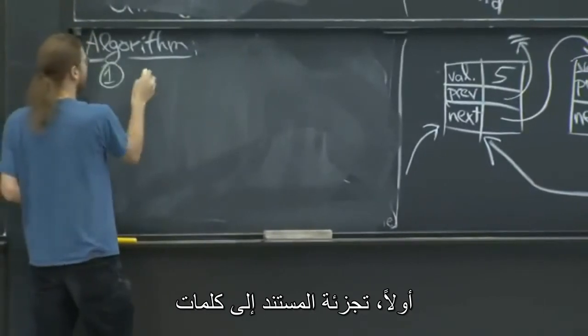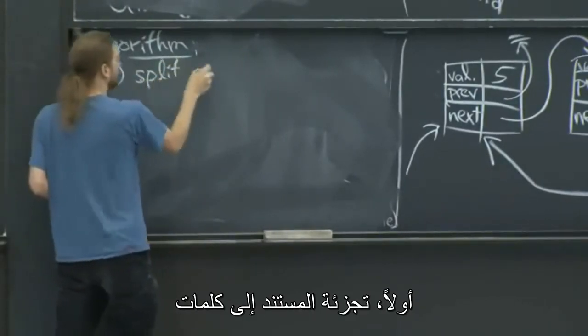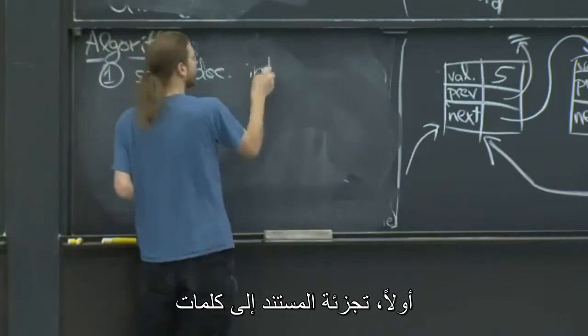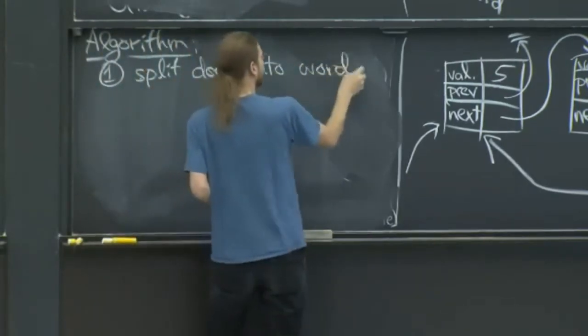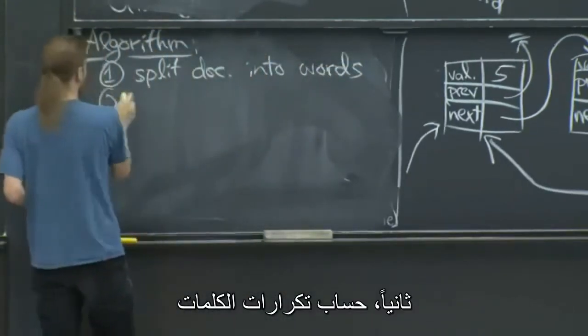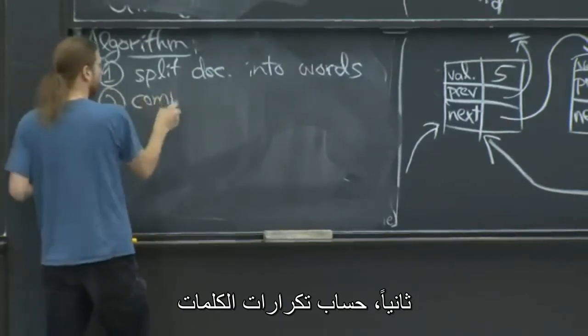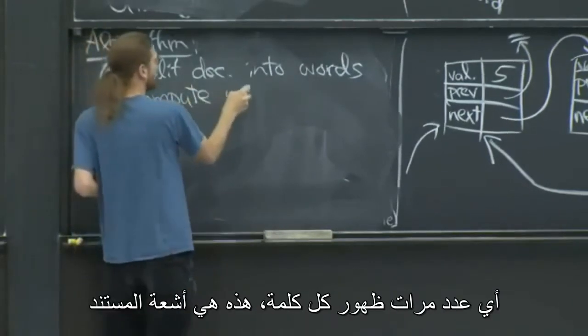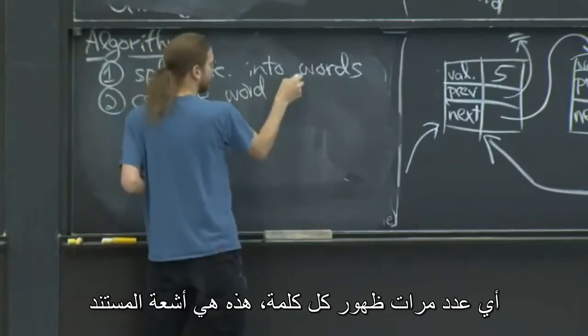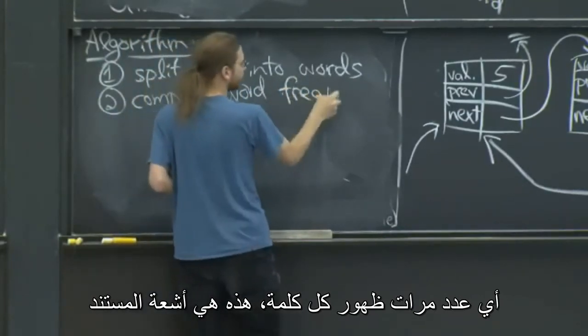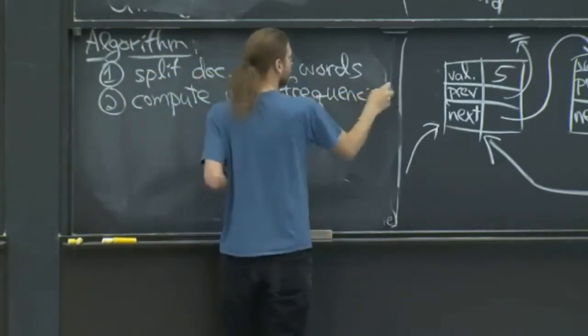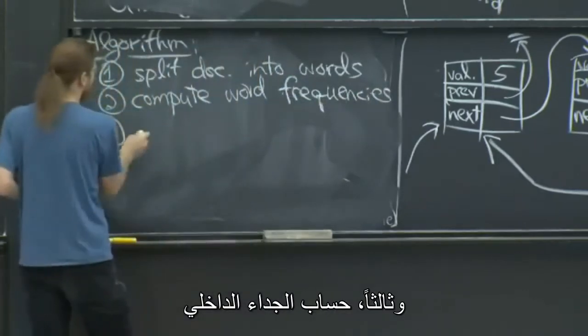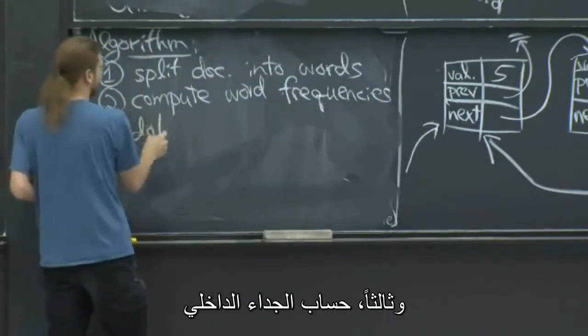One, split a document into words. Second is compute word frequencies, how many times each word appears. This is the document vectors. And then the third step is to compute the dot product.